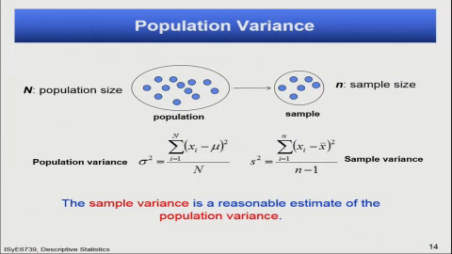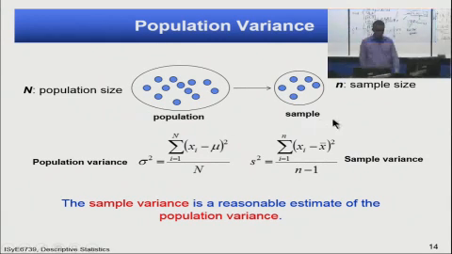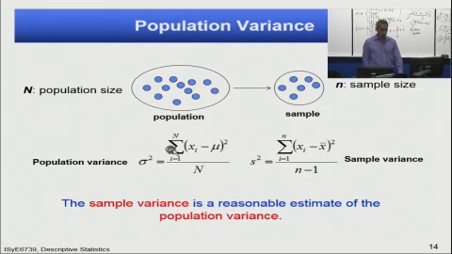Here is another set of notation. For sample, we use s squared, and this is the equation for that. For population variance, we use sigma squared. Okay? And here is the equation. So there are two changes.